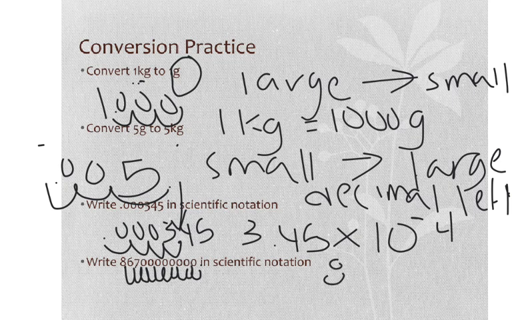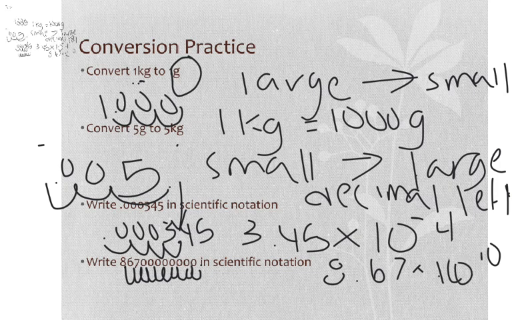So now you're left with 8.67 times 10 to the positive 10th. Is that what I said? I said positive, right? Hopefully. I'll do that again in class because I'm messing up here. So 8.67 times 10 to the 10th.